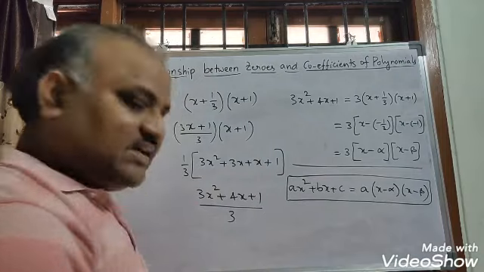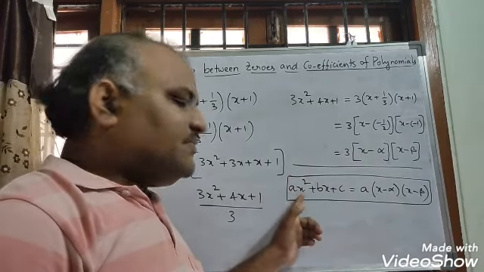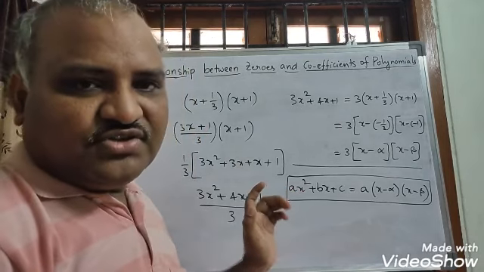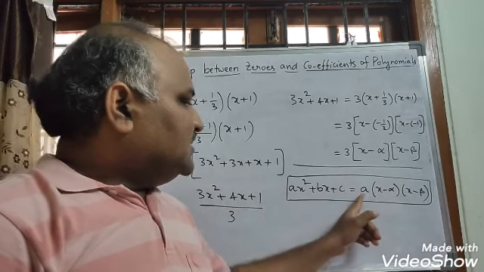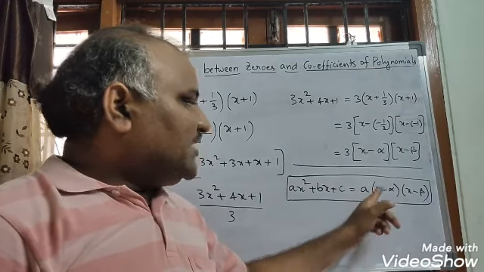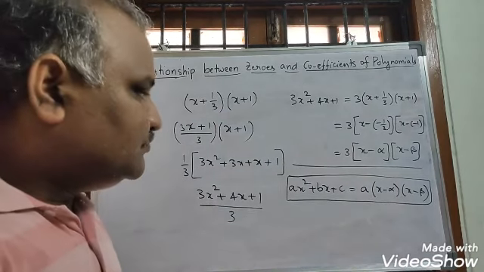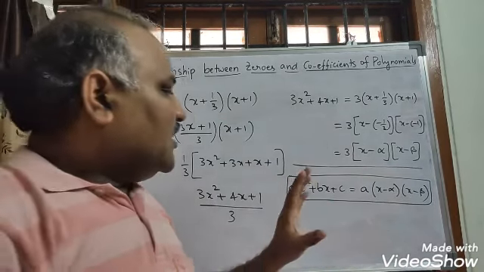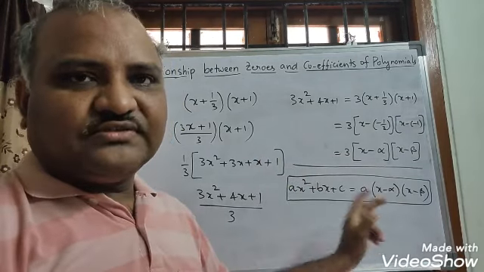If this is not a monic polynomial, with some non-zero coefficient of x square other than 1, then this can be written as a into x minus alpha into x minus beta. Now let us see some relations among these coefficients and zeros.